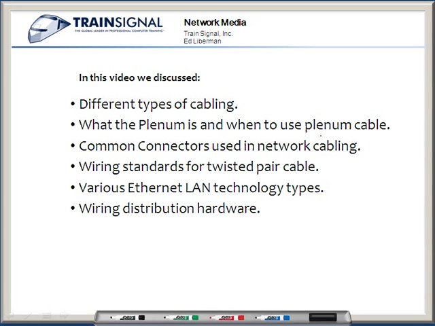We learned about all the different LAN technology types, ranging from, first of all, the actual standards of Ethernet using CSMA/CD type communication, along with all the 10, 100, 1000, and 10G Base-TX, FX, etc. And we learned about our wiring distribution hardware.